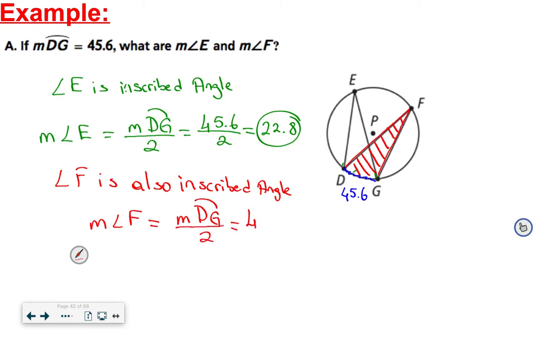And we know that the measure of DG is 45.6, over 2 will be equal to 22.8. This is the answer.